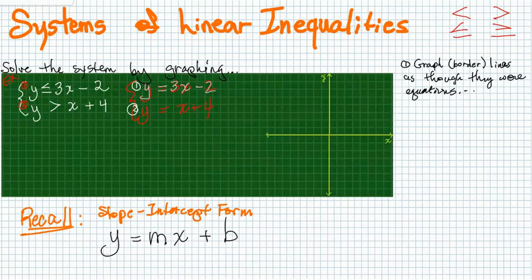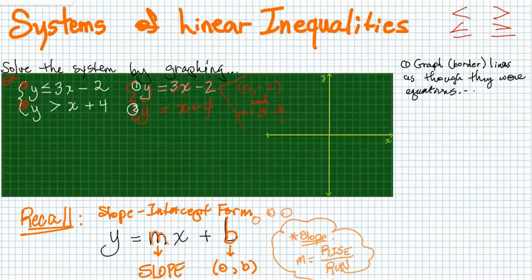Recall slope-intercept form. Right away we can see where our y-intercept is, looking at the constant term. That gives us the point (0, b). So we have a starting point. And then of course the m, the coefficient attached to x, gives us our slope, our rise over run.